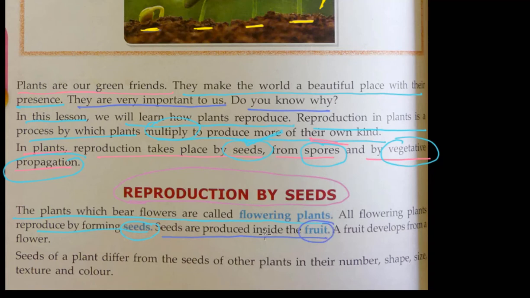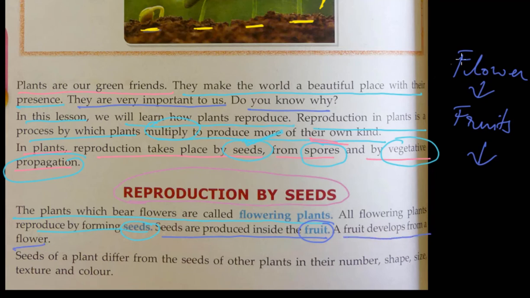See, what happens is, once the flower is there, then what happens? Fruit comes, flowers turn to fruits. A fruit develops from a flower.